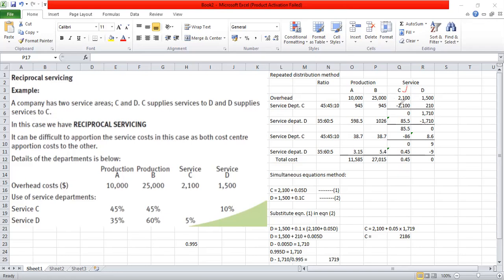So 2,100 is now going to A, B, and D also, because the services which are provided by C are to A, B, and D. That is the point there. In what ratio? The ratio is 45 is to 45 is to 10. So that's the ratio in which the costs are charged.